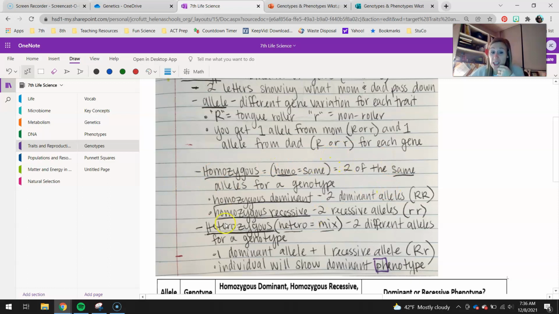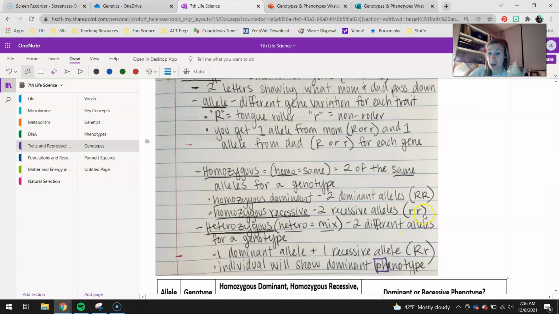If I say homozygous recessive, we're looking at two recessive alleles. An example of homozygous dominant is big R, big R. That means mom passed down a big R, dad passed down the dominant big R, and that offspring would be big R, big R for their genotype. Homozygous recessive would mean that both parents passed down their recessive allele, and therefore the offspring has this genotype: little r, little r.